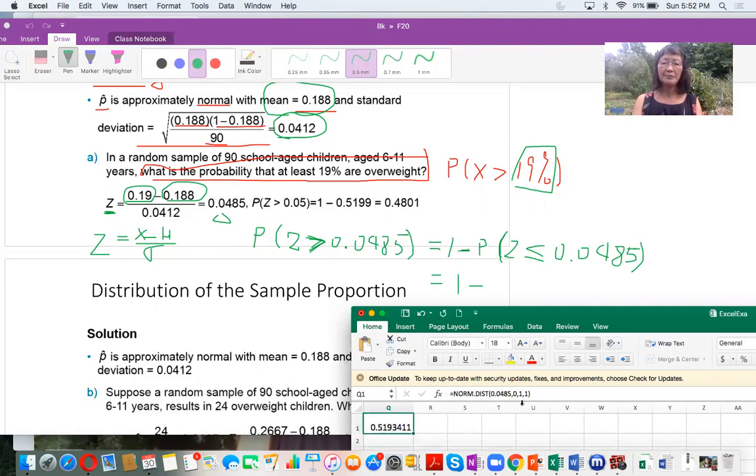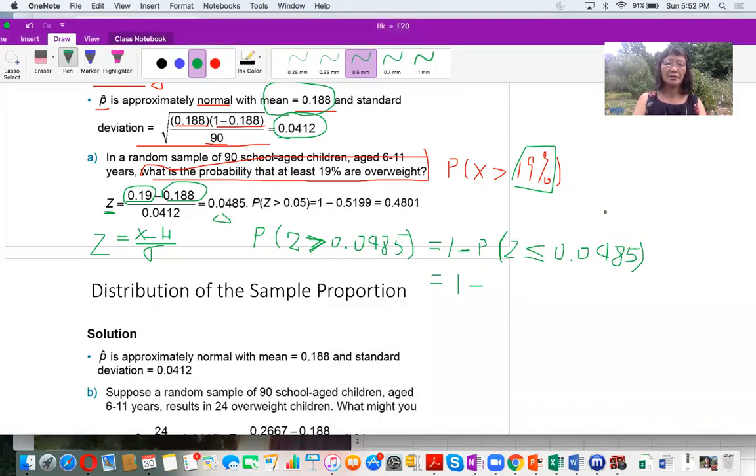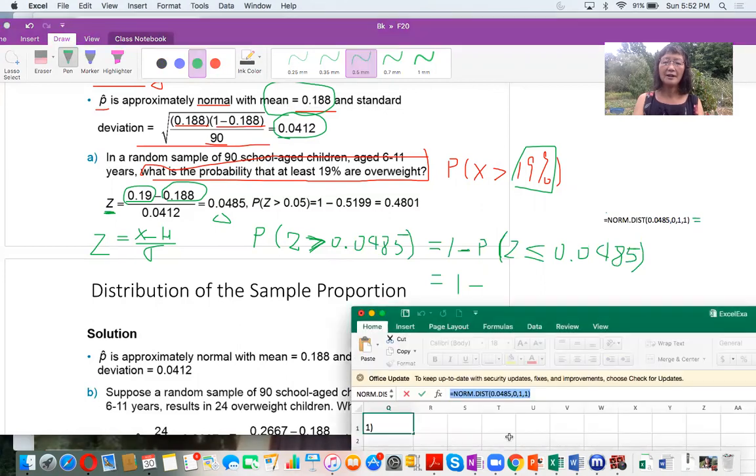And we get this number. I'll just copy this formula here. So this gives you 0.5193 using Excel.